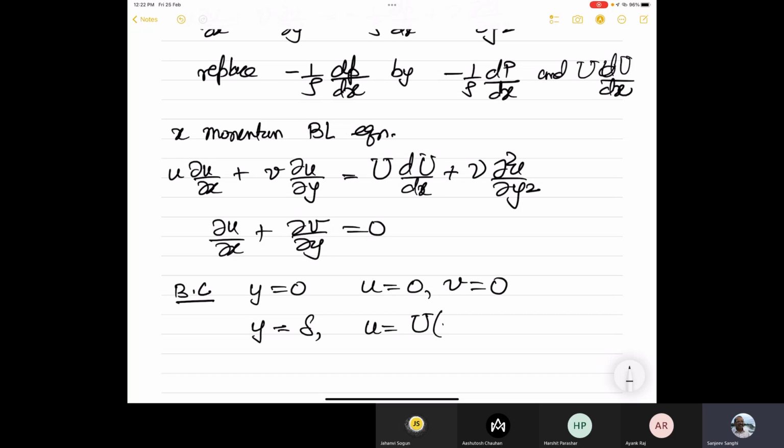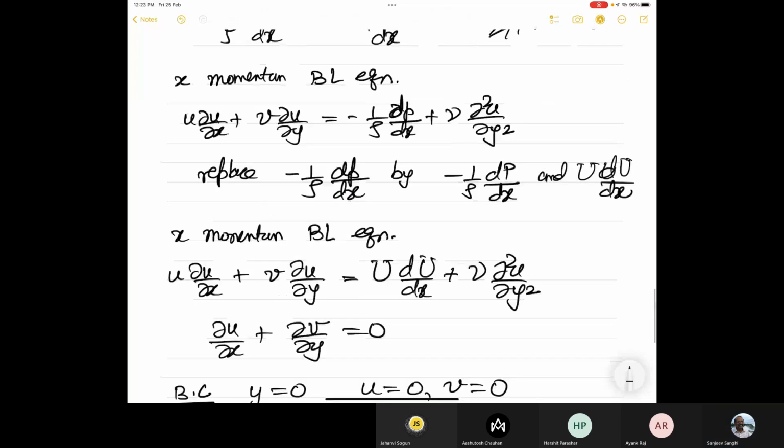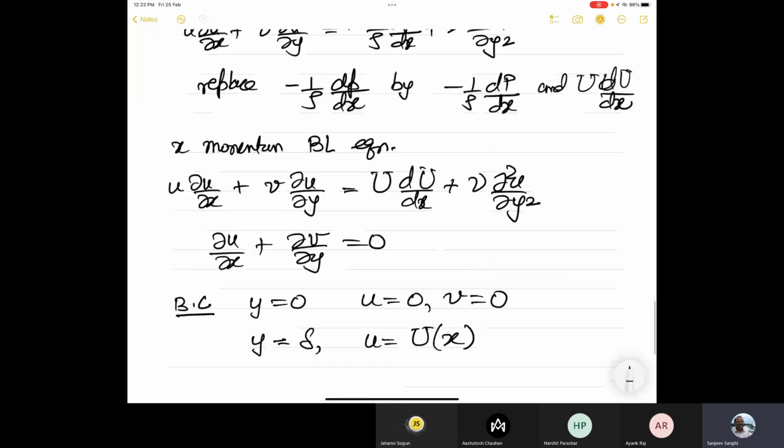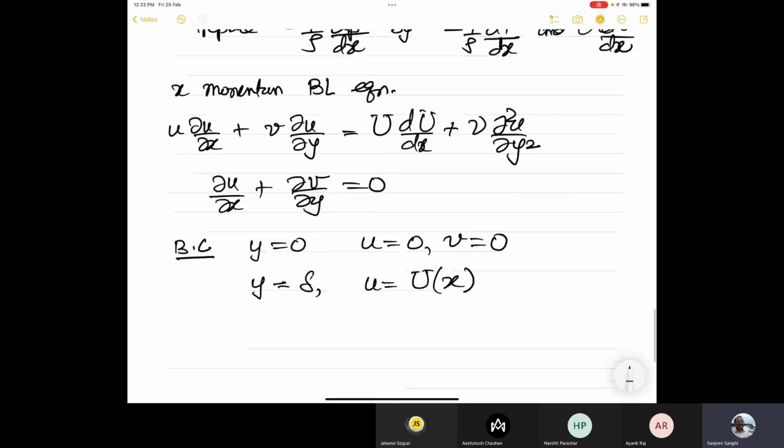So if the velocity is capital U of x, when we traverse across the boundary layer, the potential flow velocity will not change too much because potential flow is an inviscid flow.